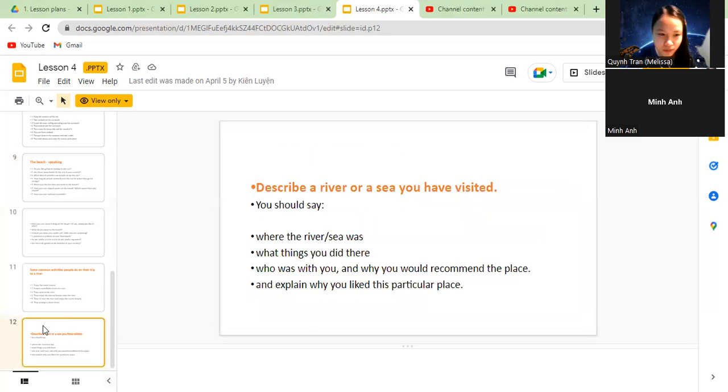Okay, so moving on to part two. Describe a river or sea you have visited. Normally you just have 1 minute to prepare that, but I want you to prepare it in 3 minutes. So you have to include maybe two or three of your favorite collocations, idioms or phrases that you want to put in your own speech.